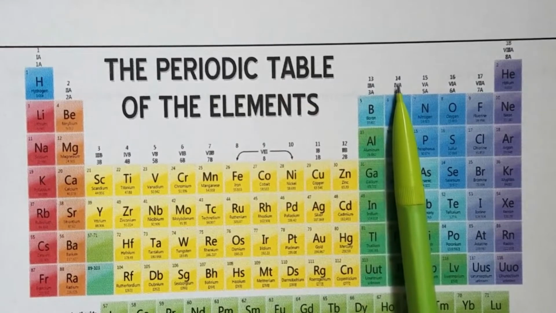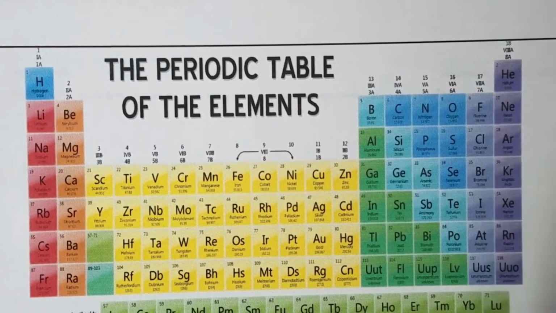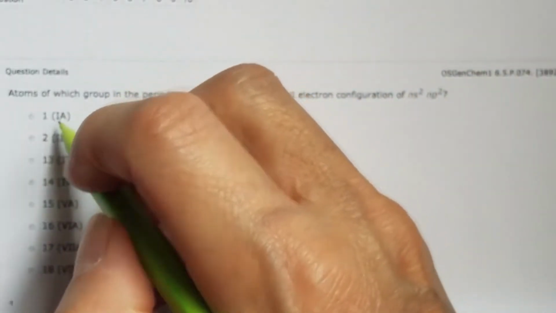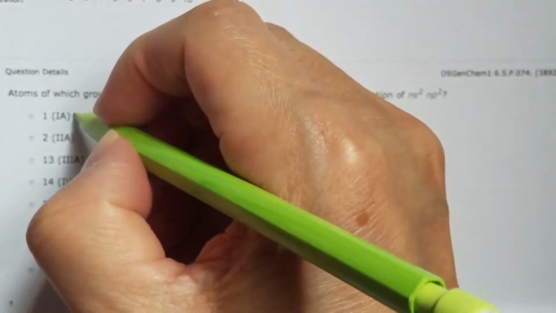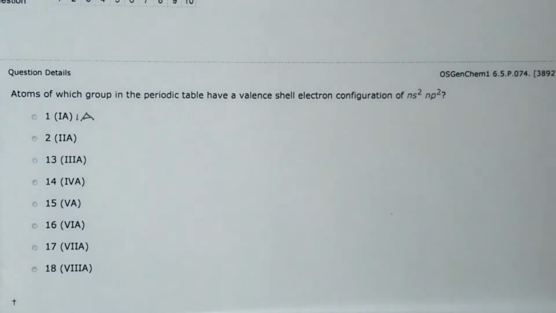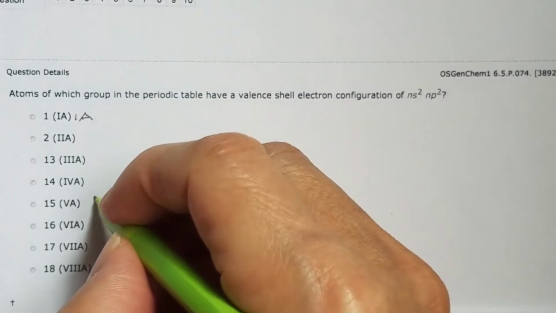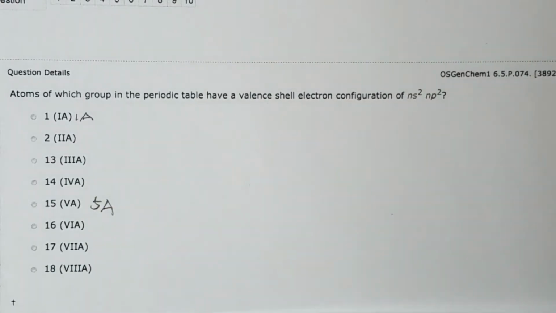Group 4A is 14, 15, 16, 17, and then 18. You got it? So if you see Roman numerals, that is simply equivalent: 1A, then 2A, 3A, 4A, 5A.